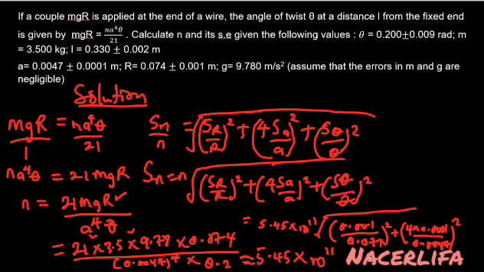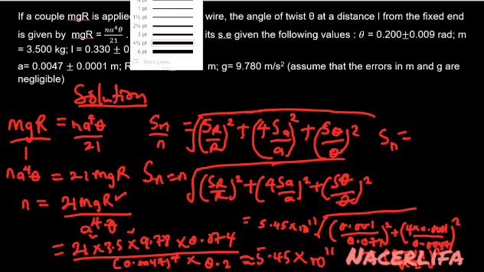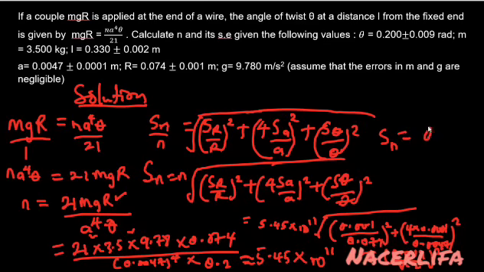We square it, plus the last one, the standard error in theta, which is 0.009, upon theta, the actual value 0.2. We square it. Once we square this and find the square root, then multiply it with this, we find that the standard error in N is approximately 0.53. So this is the standard error in N.